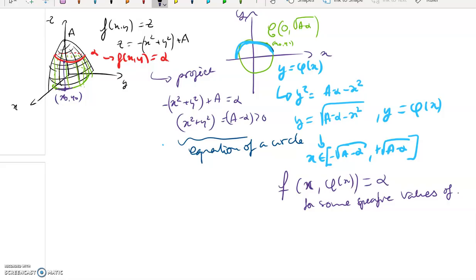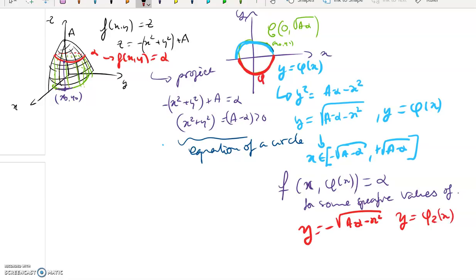You see, because I could describe that light blue curve only for specific values of x. I could only describe the upper part of this light blue curve. Okay, separately, I could describe the downward part of this circle, but then I would need another function. I would need y is equal to minus square root of a minus alpha minus x squared. Okay, and that would be, let's say, another function phi 2 of x.